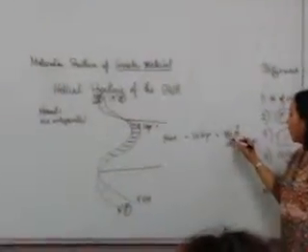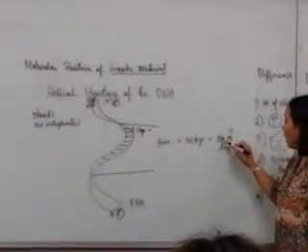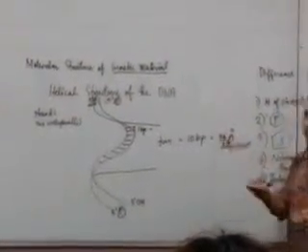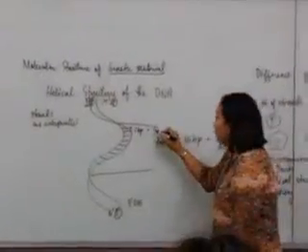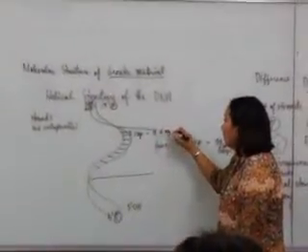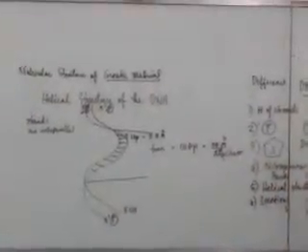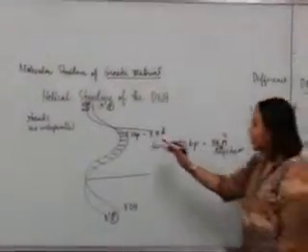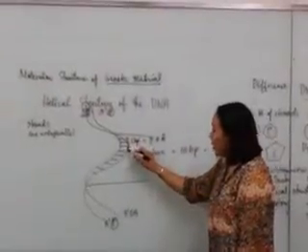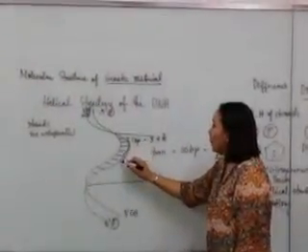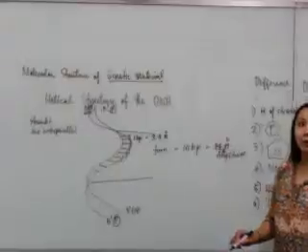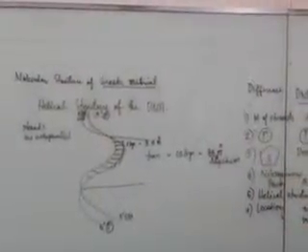So divided by 10. So we have here 3.4 angstrom. Did you get that? So the distance in between the base pairs is equivalent to 3.4 angstrom. Did you get that?